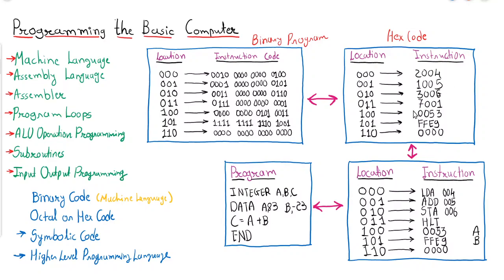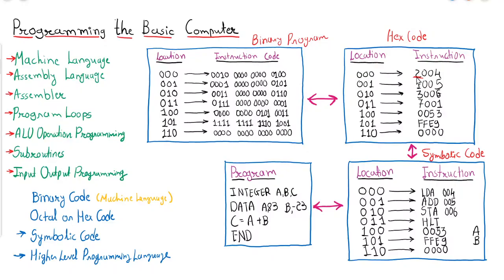Those mnemonics will specify the instruction. So this will be the symbolic code. If you try to recall this instruction, then 2 and 0 is load.